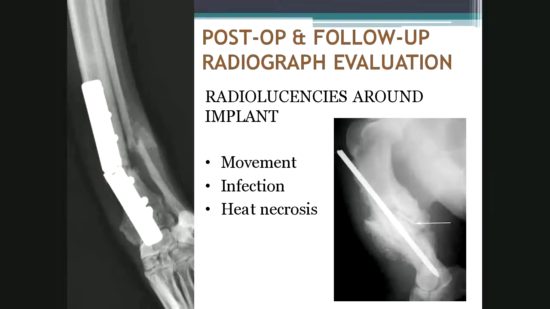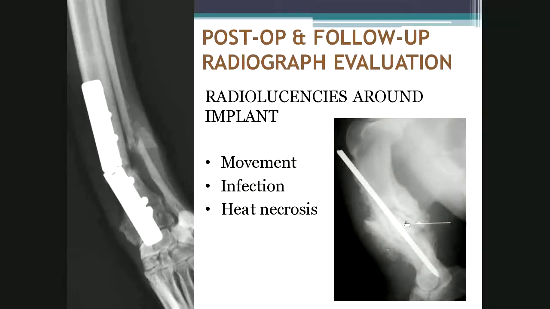Radiolucencies around the implants need to be carefully looked for. They could be due to movement of the implant, infection around the implant, or heat necrosis. Heat necrosis is very uncommon. In the example on the right-hand side here, there is a radiolucent zone outlined by my little marker, and the arrow indicates a sclerotic bone fragment here.